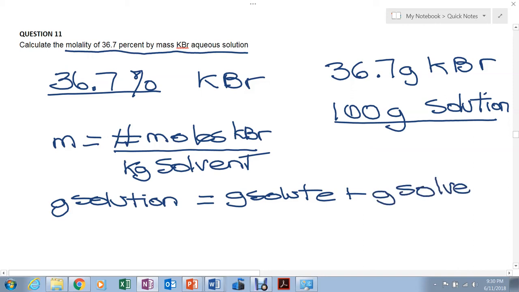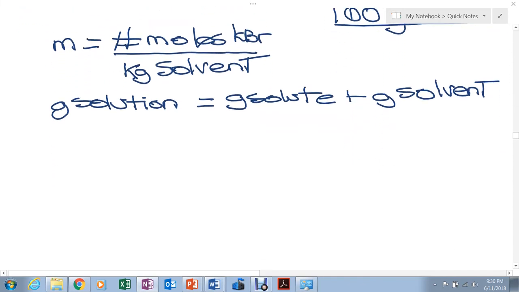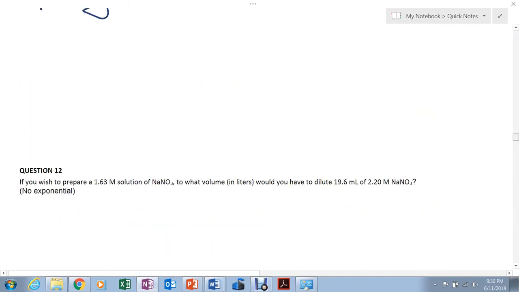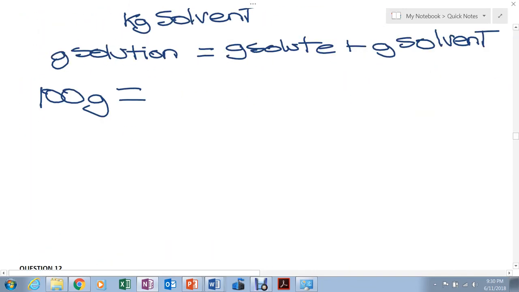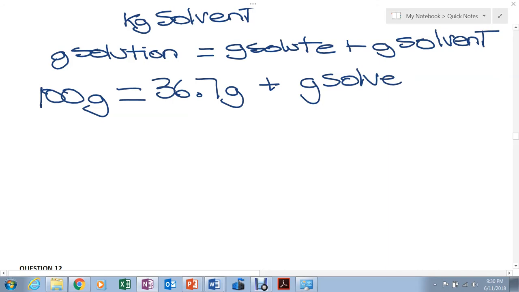To find the grams of solvent, because that's the one we need in this problem, the grams of solution is 100 grams, remember? And the solute would be 36.7 grams, plus grams of solvent.